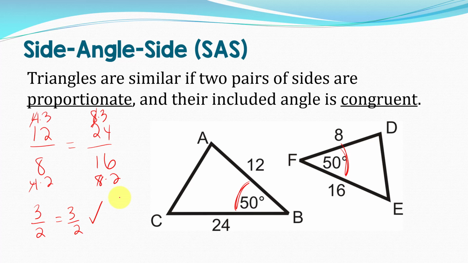And once again, if I didn't feel comfortable reducing my fractions, then I can say 12 divided by 8 is 1.5. And 24 divided by 16 is also 1.5. And I could check it off that way.